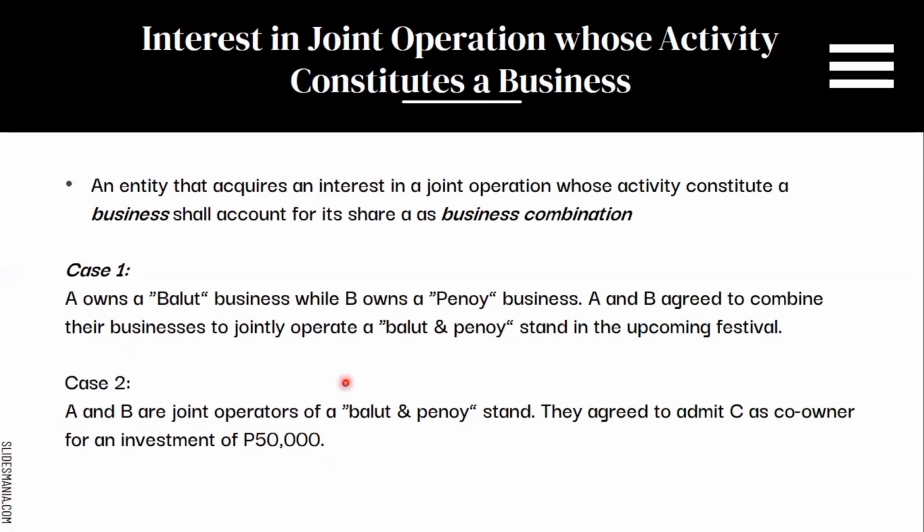So, kapag existing business yung kinontribute mo to form a joint operation, or you acquire an interest in a joint operation whose activity constitute a business, then you shall account your share as a business combination and not a PFRS 11 na po. That's all for joint operation.